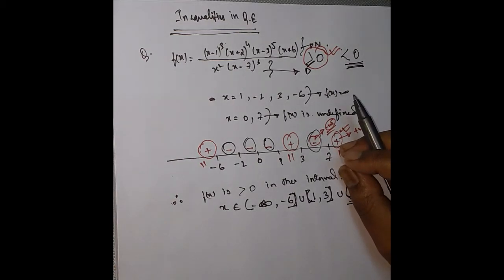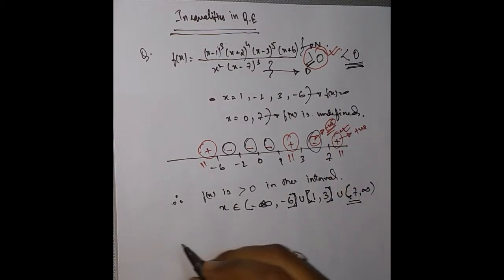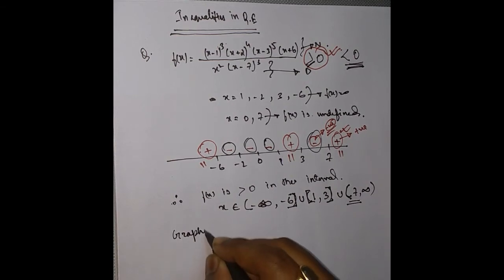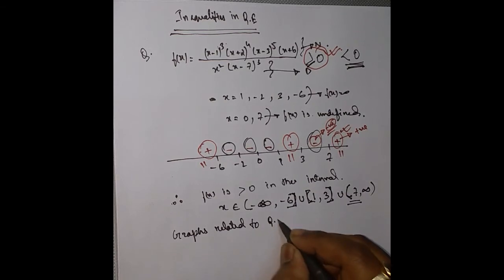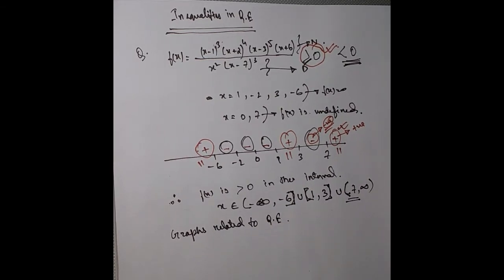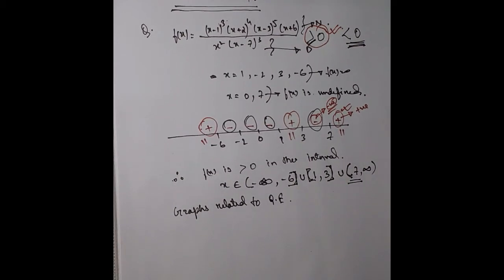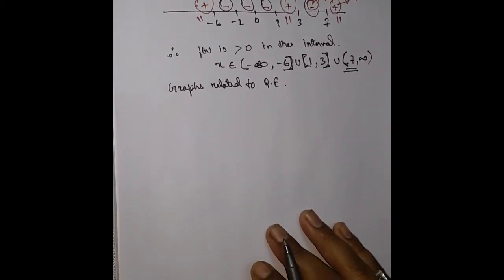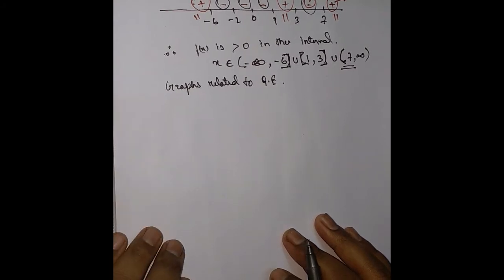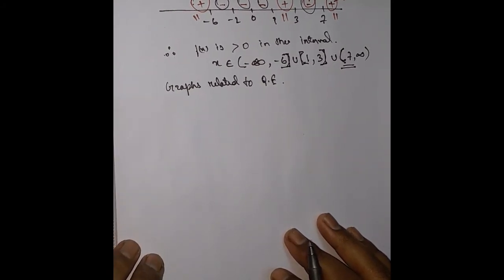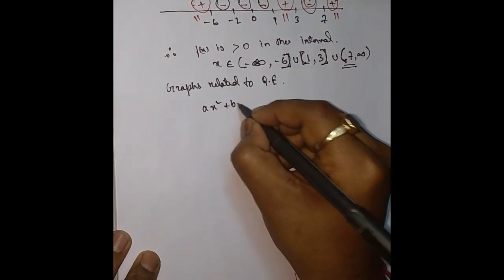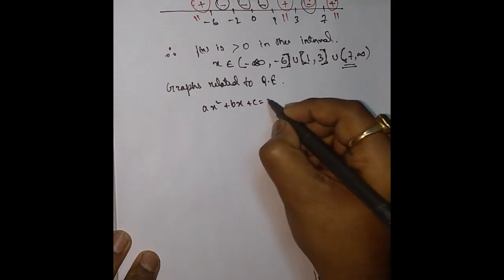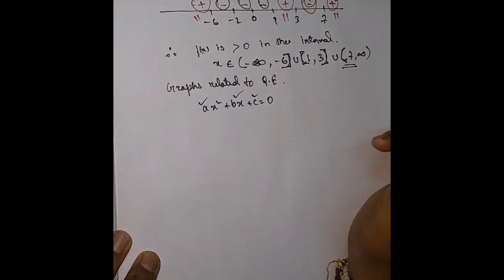Okay friends, now I'm going to show you some graphs related to quadratic equations. In the first lecture I told you the quadratic equation is in the form ax square plus bx plus c, where a, b, c are coefficients.